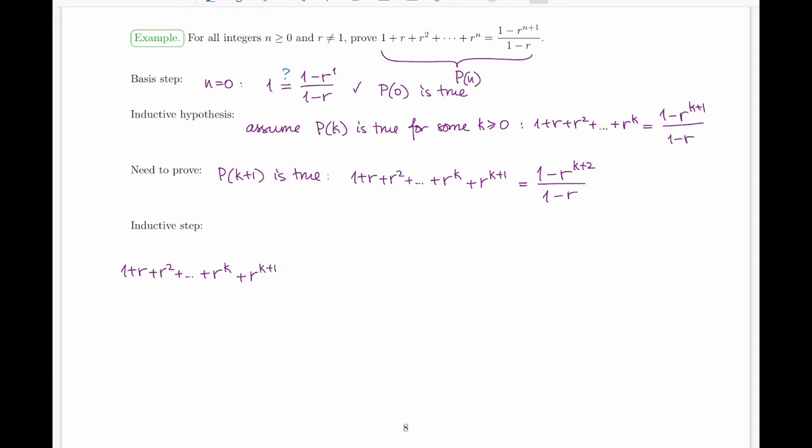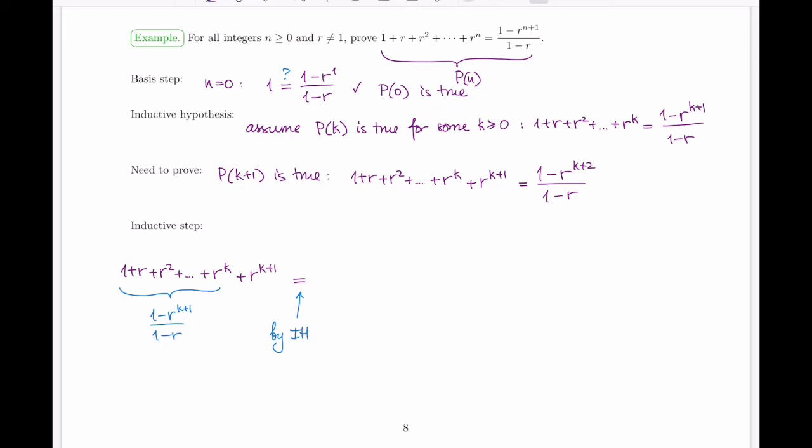With summations, it's actually very straightforward. This portion is exactly the one in the inductive hypothesis, so I can replace it directly with what I assumed is true. So here, by inductive hypothesis, I can apply that this will be (1 minus r to the power k plus 1) over (1 minus r) equals, and again, at this point I have to justify saying that this is by inductive hypothesis.